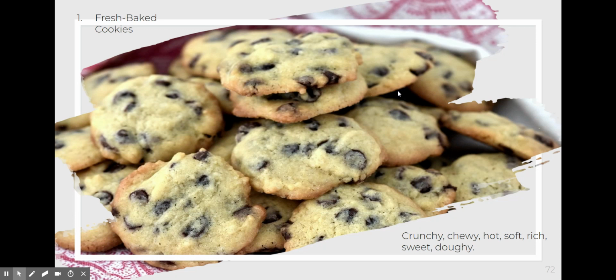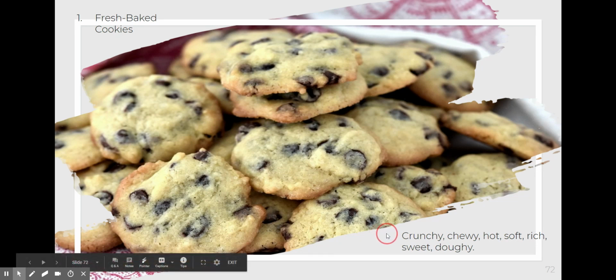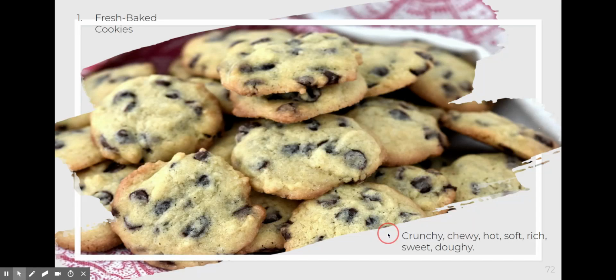So in this example, we have a picture of fresh baked cookies. If you need to, close your eyes for a minute and picture fresh baked cookies coming out of the oven. Think of your 5 senses and what comes to mind. What words? Now, of course, most of the words that I came up with went with taste. Those cookies might be crunchy, they might be chewy, they're probably hot, which could be the sense of touch.